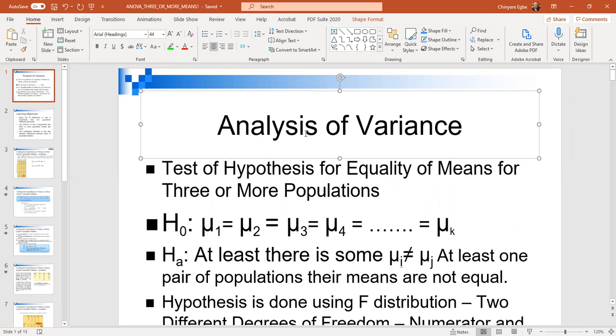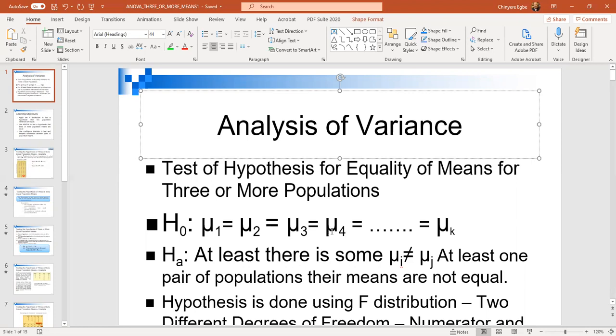So our objective is to now go from testing hypotheses for one population, and then we test hypotheses for two subpopulations on the same variable, like comparing males to females, comparing union workers to non-union workers, comparing the night shift to the day shift, comparing one location to another, Pennsylvania to New York.